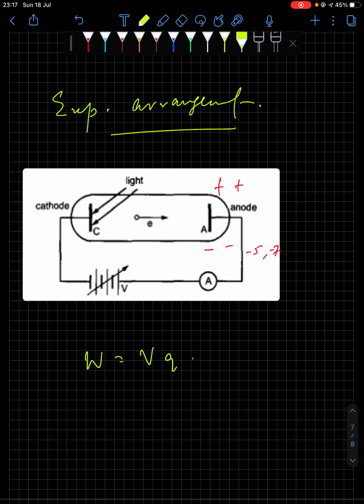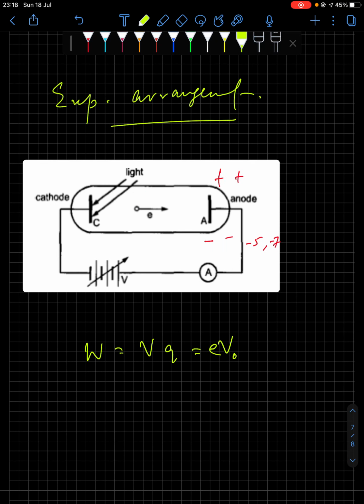VQ, we know, right? The potential for which no electron reaches here is called the cutoff potential. You denote that with V naught. Since this potential is doing work on the electrons, in place of Q we write e, and the work done becomes eV naught.